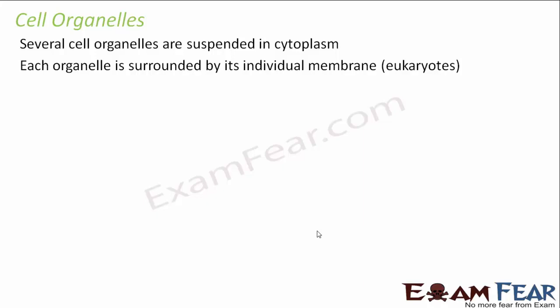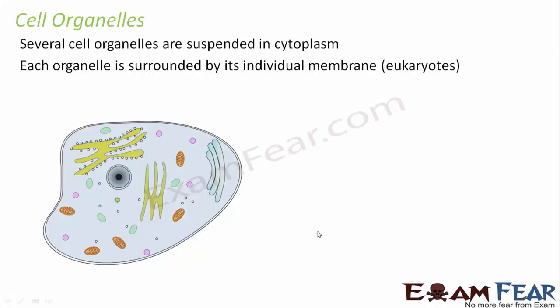So when you don't have a cell organelle, obviously you are not going to have a membrane. Sometimes you have some of the cell organelles, but then again, they are also not very distinctly seen. They are also not surrounded by specific membranes. But when we talk of eukaryotes, you can see the individual cell organelles surrounded by their respective individual membranes.